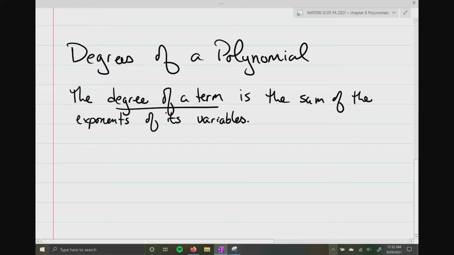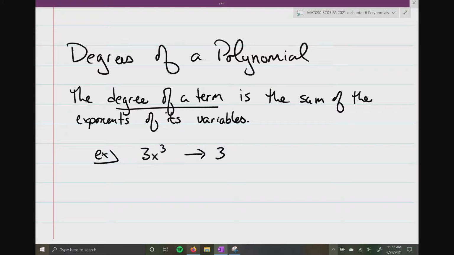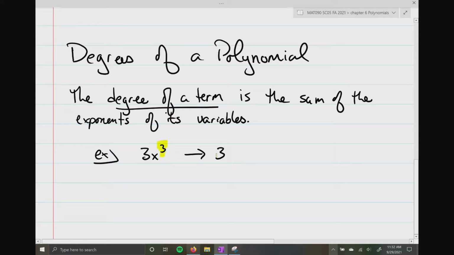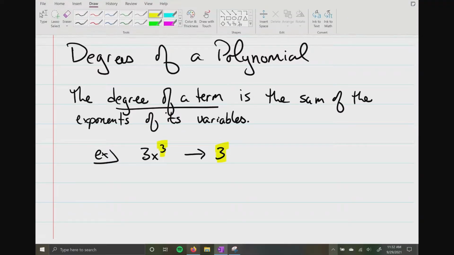All right? So, examples. The first example is a monomial. Its degree is a 3. And that is because the exponent is to the 3rd power. So we say its degree of 3.